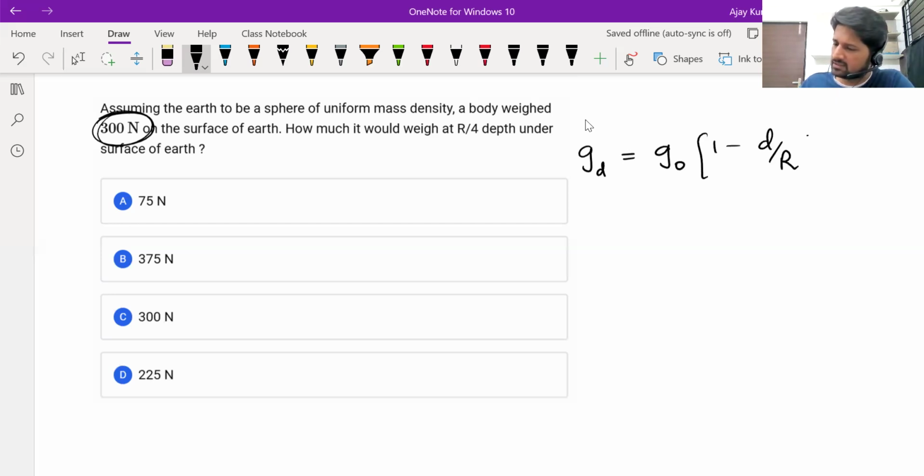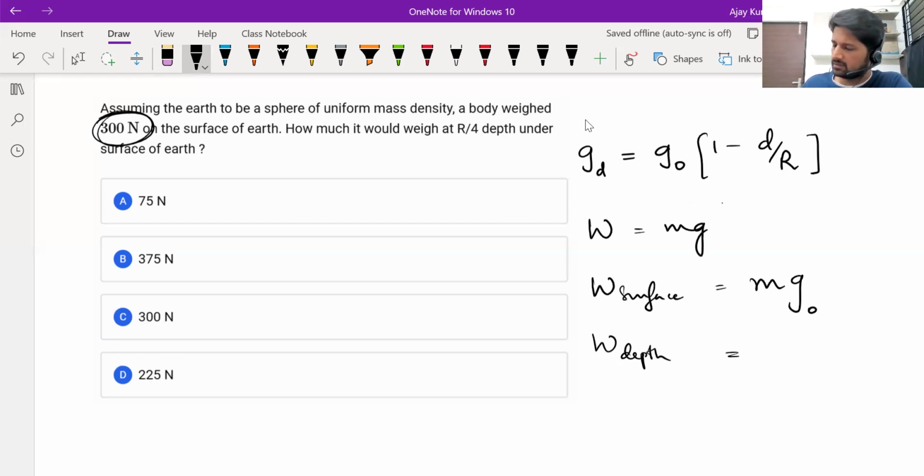See, these derivations are important. Not just this formula, how this formula is derived is also important. Anyway, weight anywhere is basically mg. So if you want weight on the surface of a planet, it will be m into gravity on the surface of the planet. If you want weight at a certain depth, then it will be m into gravity at the certain depth. They have given this as 300, and they are asking how much is this.